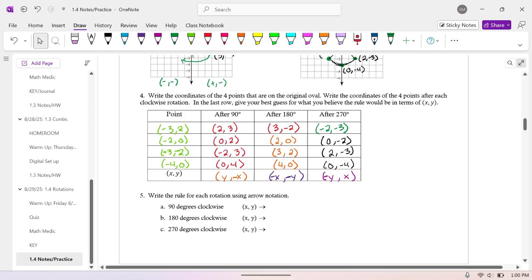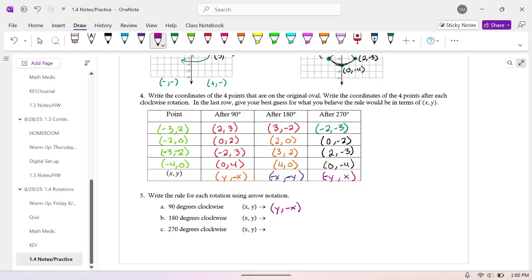So if we write this rule, that means if we're going clockwise 90 degrees, that means we're going from y, negative x, which if you think about it, it means we're going from the first quadrant to the fourth quadrant. So that's a way to think about it. If we're talking about positive points, that means first quadrant to fourth quadrant, because that's where it is clockwise.